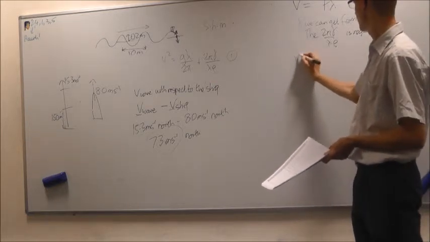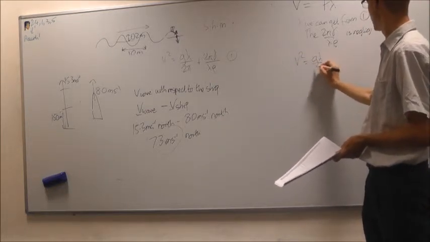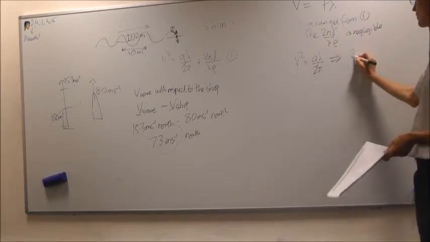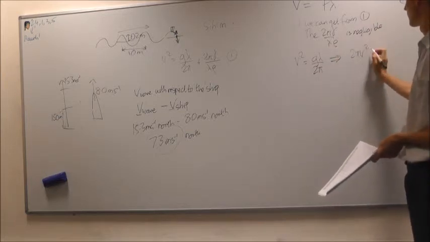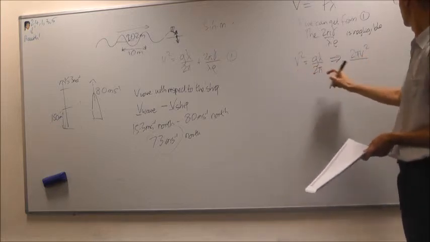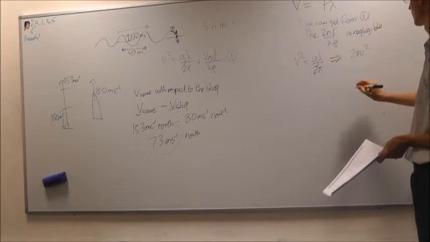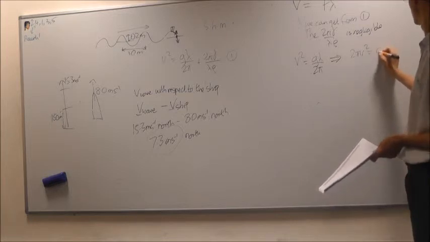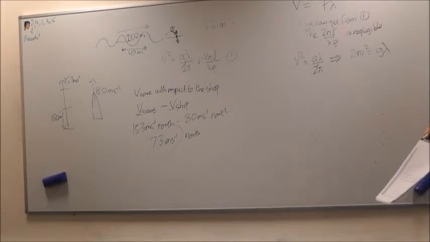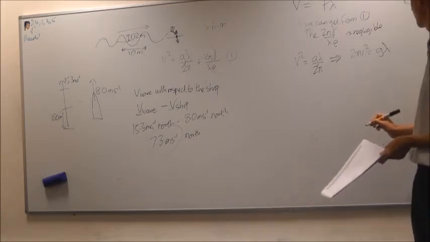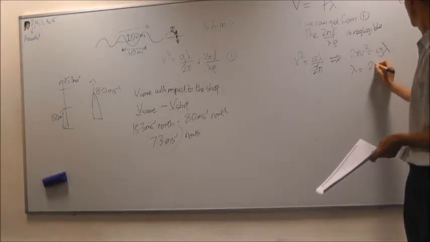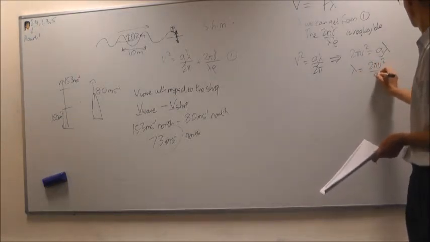So we've got v squared equals g lambda over 2 pi, which implies that 2 pi v squared equals g lambda. Lambda equals 2 pi v squared over g.